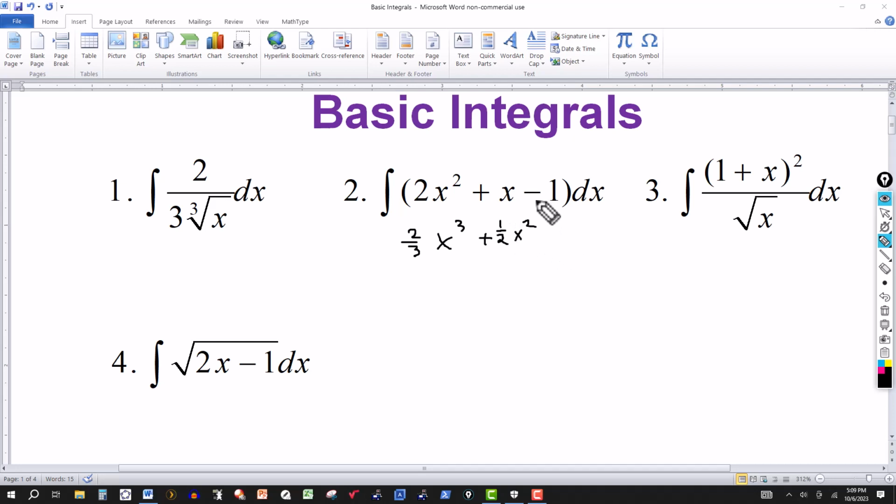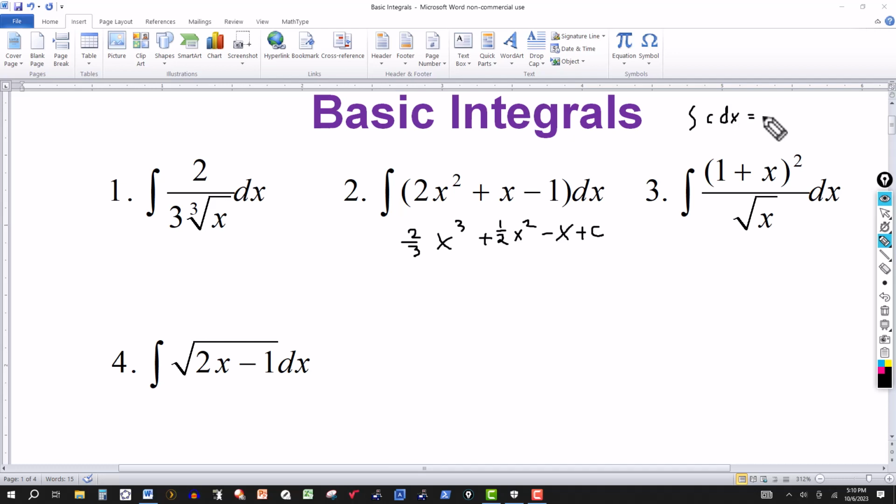And then the next one we got, you can think of this as x to the 0. It's a constant. So if you add 1 to the 0, you get 1. That gives you an x. So this is just minus 1x or minus x. Plus a constant of integration. So anytime you have a constant, say c, and you're integrating, there's no x there.